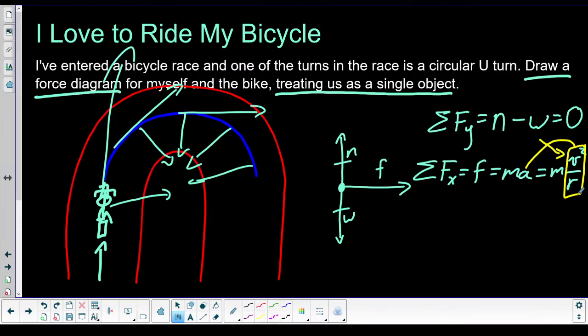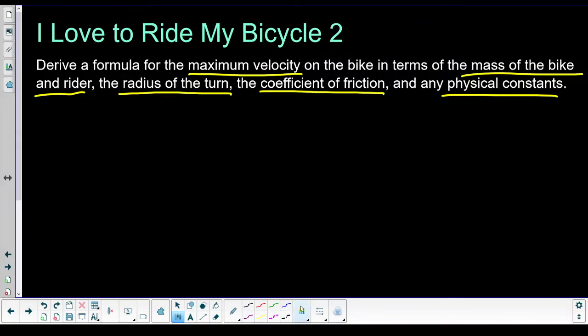So let's use the sum of forces in the x direction. Our sum of forces in the x direction is just friction equals, I'm going to omit the ma, that's not really important here. We're probably using the mv squared over r because we're looking for that velocity. So mv squared over r.